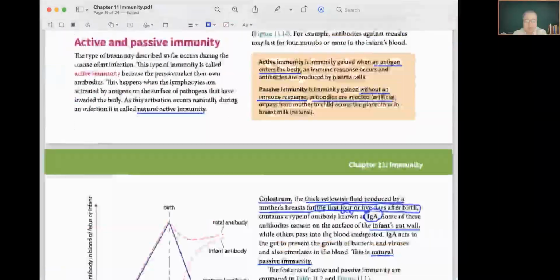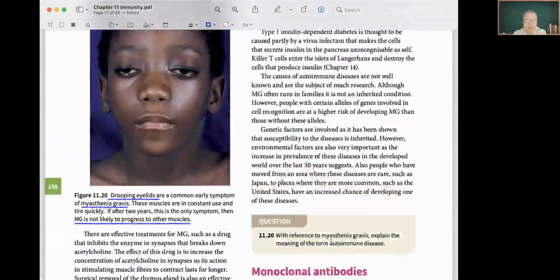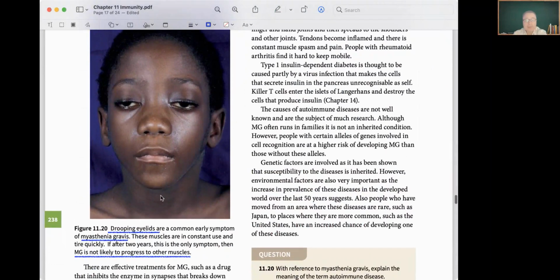For example, here in our textbook, one disease. Have you seen the patient whose eyelids droop down, who cannot elevate his eyelids like you and me, to look around voluntarily?